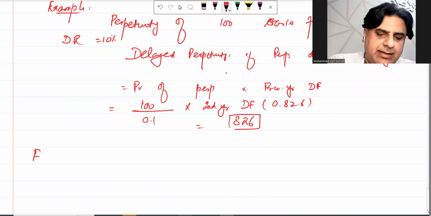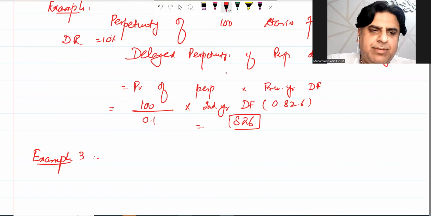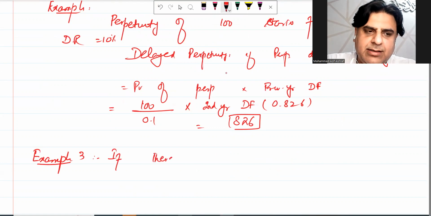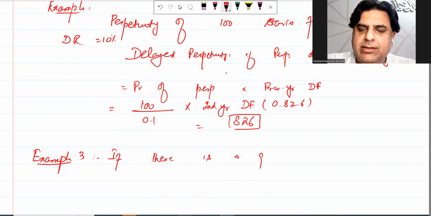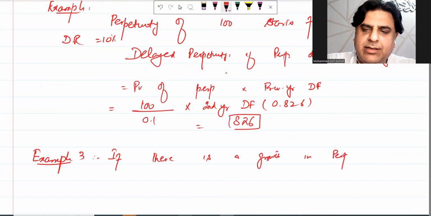Next example, example 3. In the previous examples, I have assumed that there is no growth in perpetuity. Let's say there is growth in perpetuity.